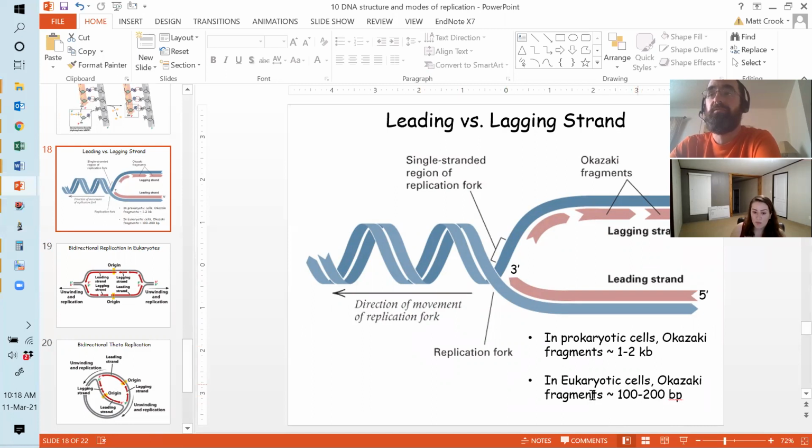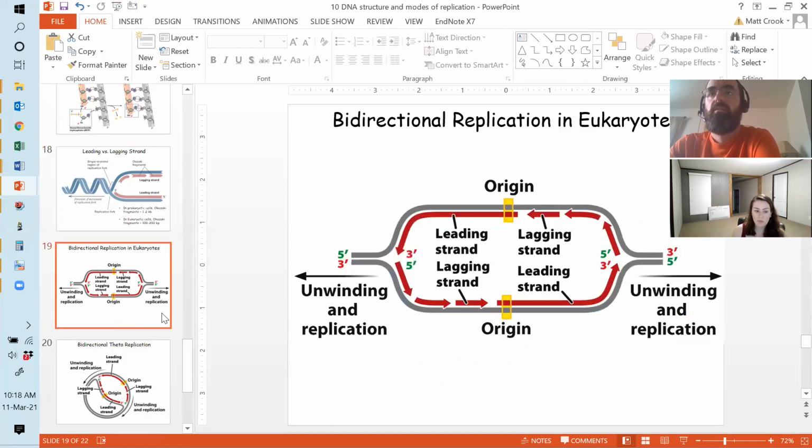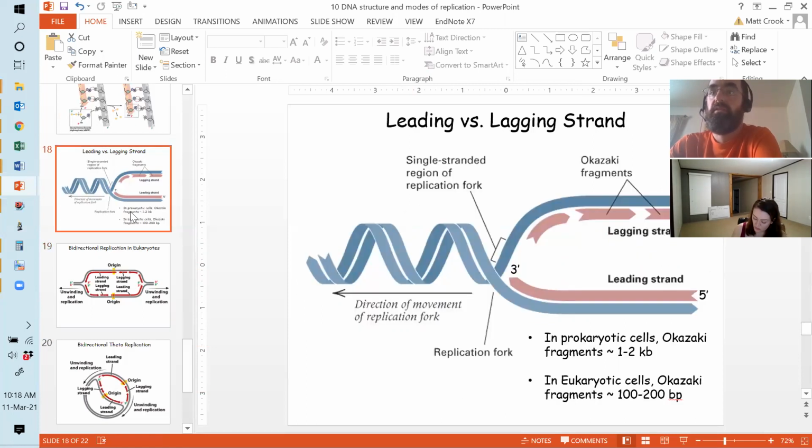You can get the idea of why this is called the lagging strand. It takes a long time to stick these things together. But this lagging strand is going to be synthesized in small chunks called Okazaki fragments, after the scientists that discovered them.